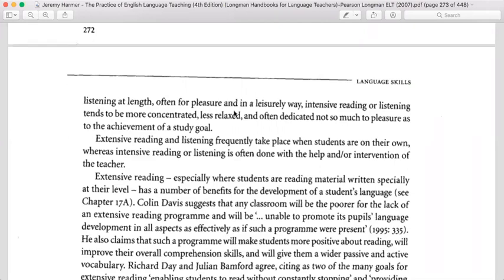That can be demotivating for the students, because they will not be able to comprehend it. So this is why it is important to know the skill level of your students before suggesting anything like extensive reading and extensive listening, for that matter, right?